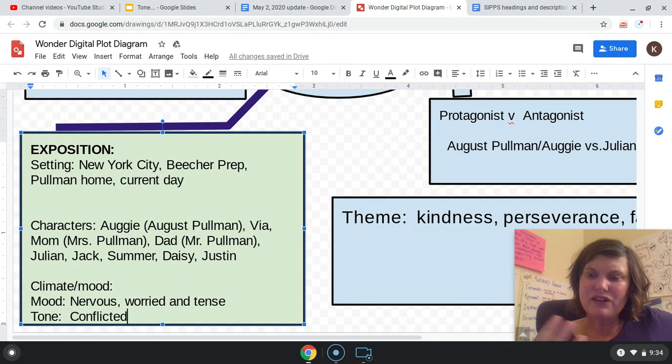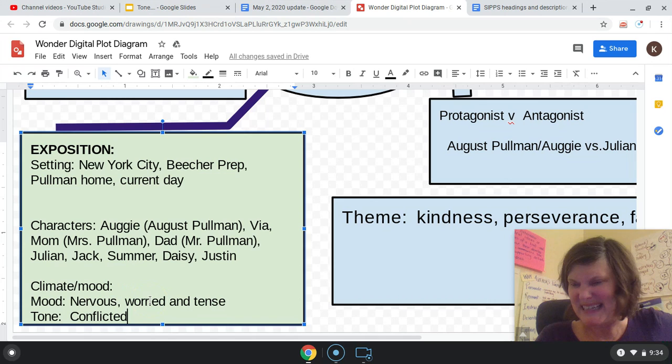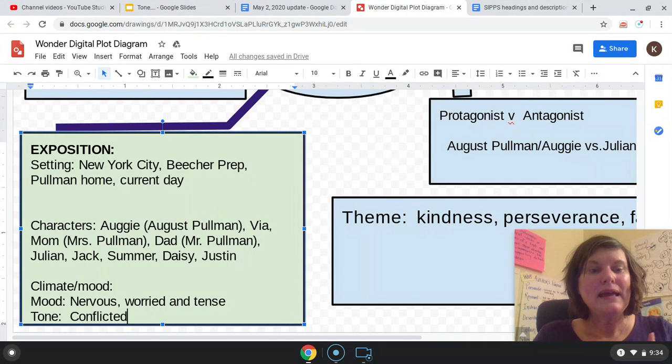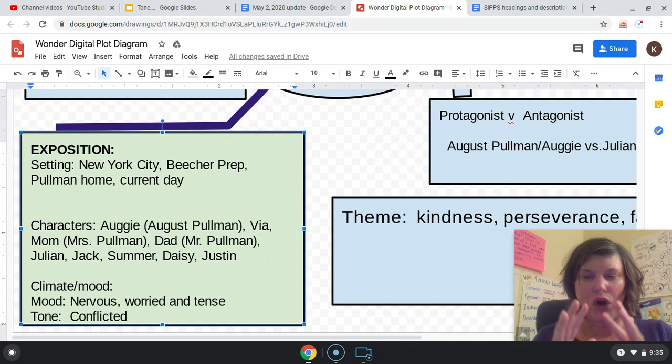So I think the tone is conflicted, and because the author was conflicted, that resulted in me feeling nervous, worried, and tense. So the author's tone, or how they feel, can create the mood, how you feel while you're reading. So it's all related. One causes the other, and they all have an impact on each other.